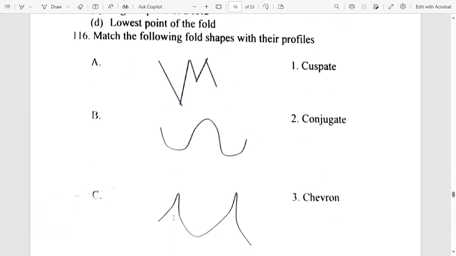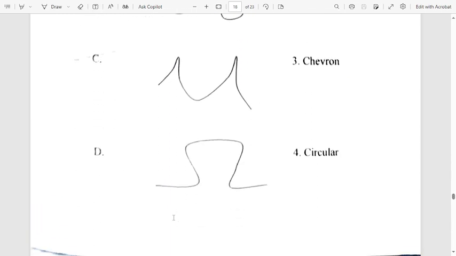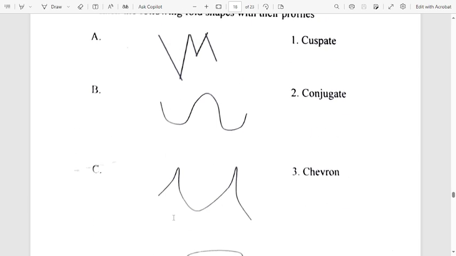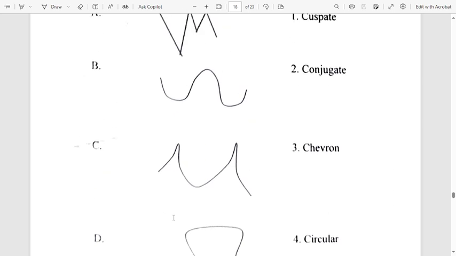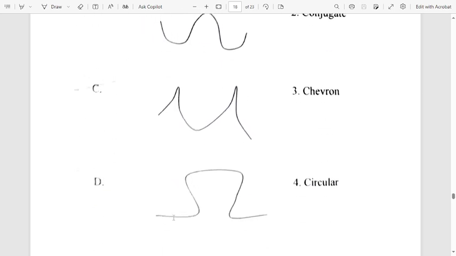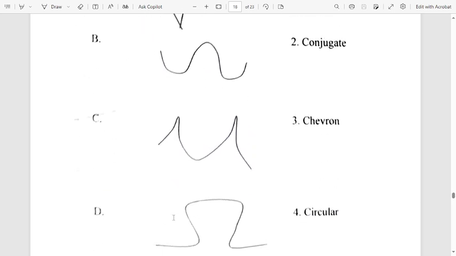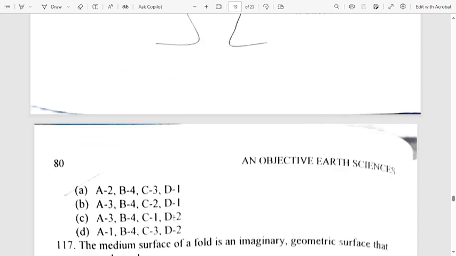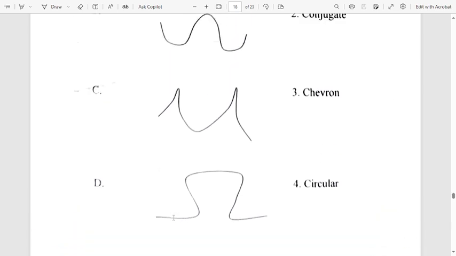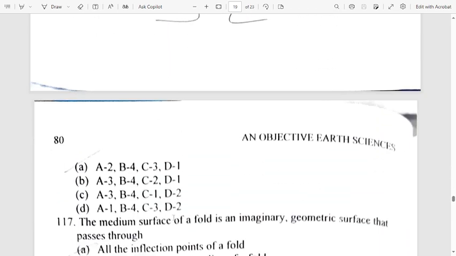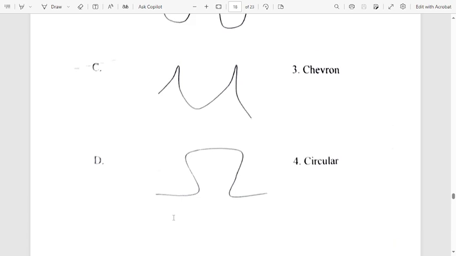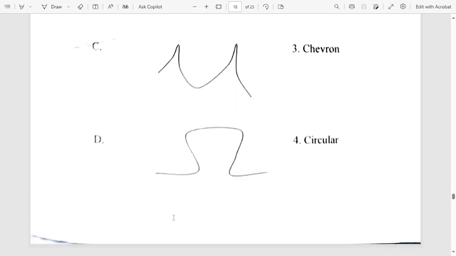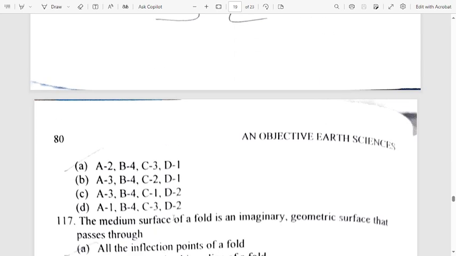D is 2, D is conjugate. This has to be D. Option D. B is 4, B is circular. C is cuspid. C is 3, no. A is 1. A is 3. Sorry, A is 3, C is 1. Option C.